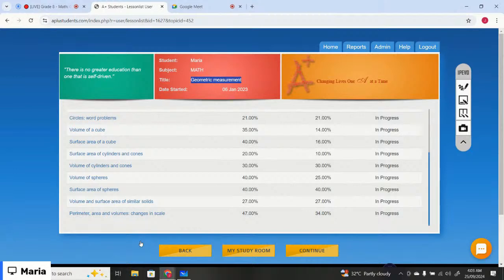Let's just start with the lesson that is volume of cylinders and cones.